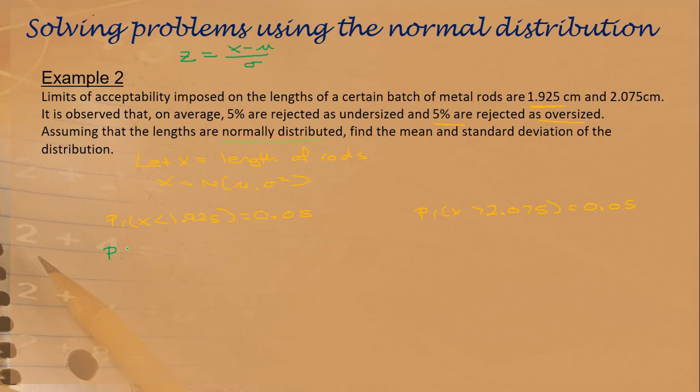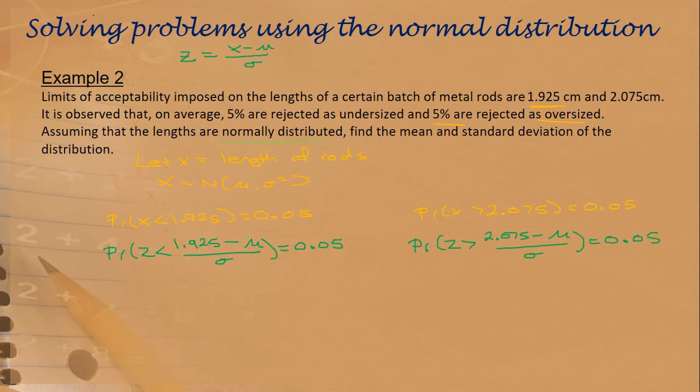So when we're converting this, I'm going to get z less than 1.925 minus the mean, which I don't know, divided by standard deviation equals 0.05. And we do the same thing here to convert this to z. I'm going to get z greater than 2.075 minus the mean divided by the standard deviation equals 0.05.